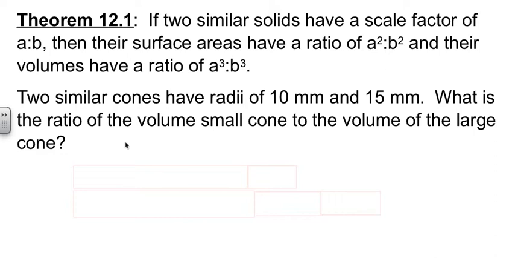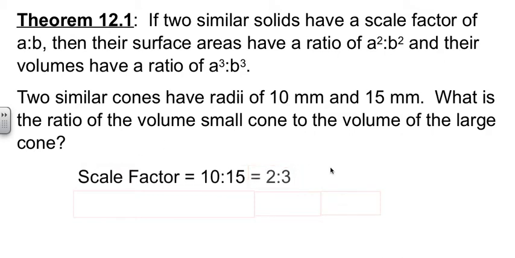So let's say we have a couple of similar cones with radii of 10 and 15 millimeters respectively. What's the ratio of the volume of the small cone to the volume of the large cone? Okay. We don't need to find the actual volumes. For one thing, we can't. We don't know heights. But the scale factor is 10 to 15, which reduces to 2 to 3.